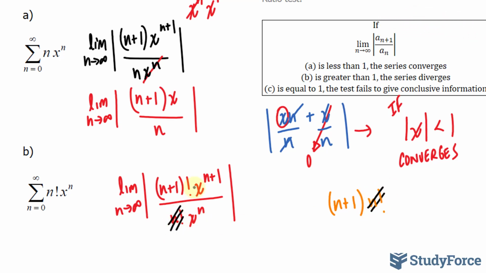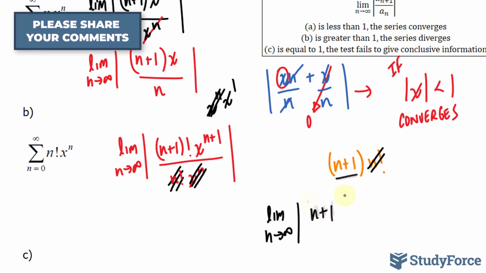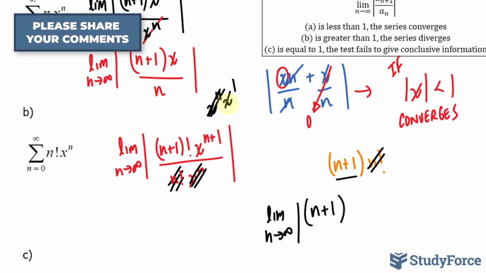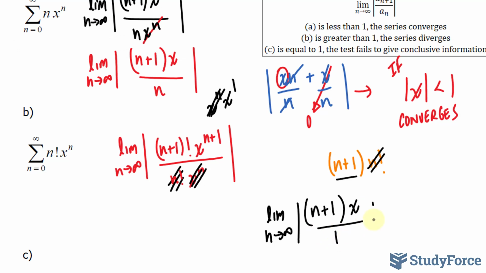And similarly, for the same reason as in part A, x to the power of n plus 1 can be split into x to the power of n and x. This x to the power of n will cancel out with this one, leaving us with the limit as n approaches infinity of the absolute value of n plus 1, what's remaining here, and x over 1, technically, because both of these factors have disappeared.